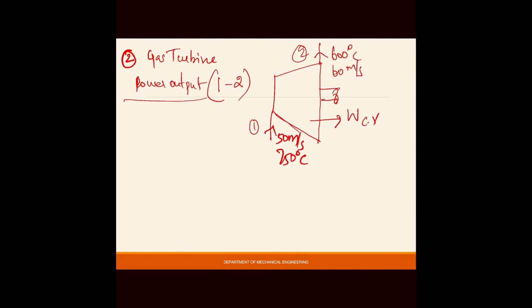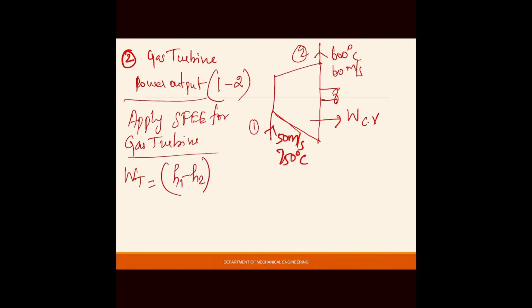Now we have to apply the steady flow energy equation for the gas turbine. What is the formula? Work done for the turbine is H1 minus H2, that is the enthalpy difference, plus V1 square minus V2 square divided by 2000.